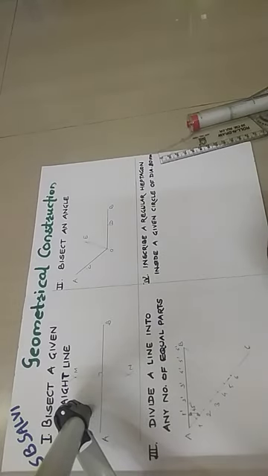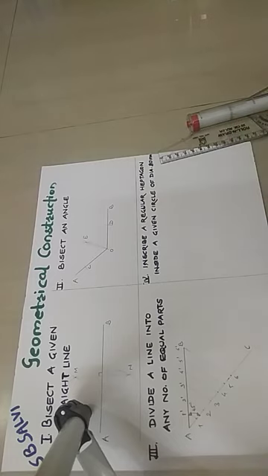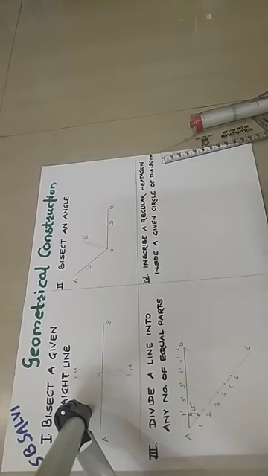Now the next geometrical construction part is: inscribe a regular heptagon in a given circle of diameter 80 millimeter. Before starting, what is meant by inscription of a polygon, that I will try to define. If a polygon has all its vertices on a circle, it is said to be inscribed in the circle, and this circle is said to be circumscribed about the polygon.